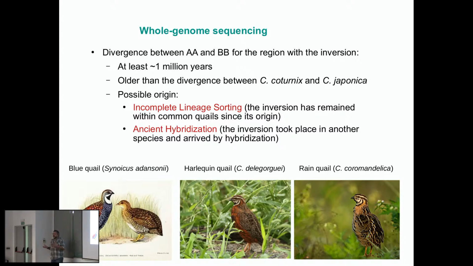Against this argument is the fact, well, we see it on the common quails, but not in the Japanese quails. We see it only in a very small area. If it's so old, supposedly we should be able to find this inversion in many other areas, but we do not really know.